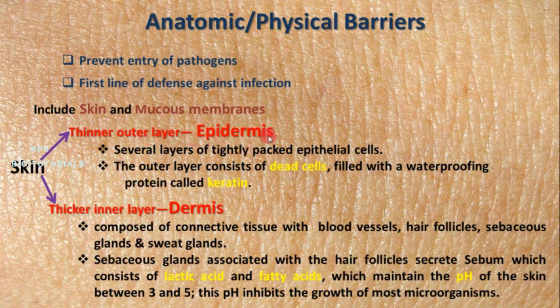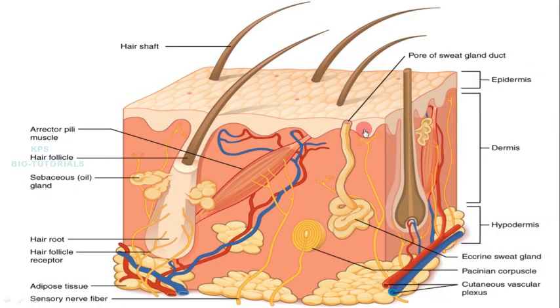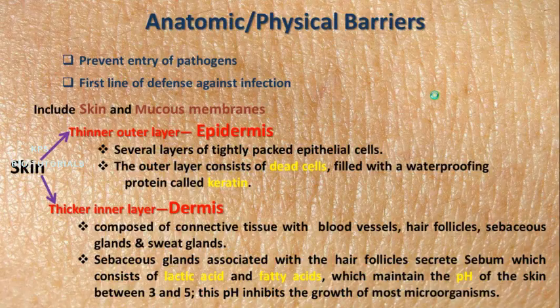Its outer layer consists of dead cells, which are filled with a waterproofing protein called keratin.